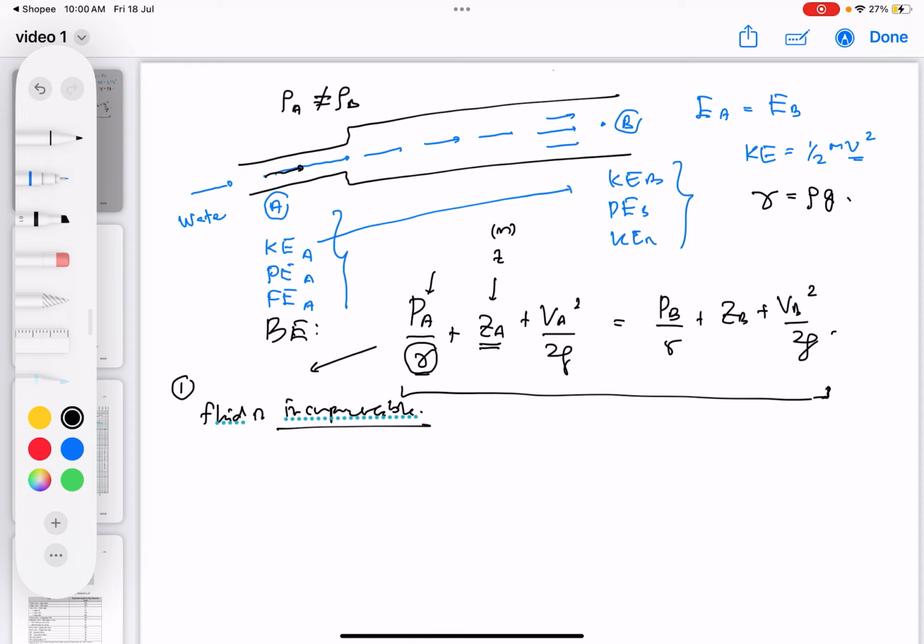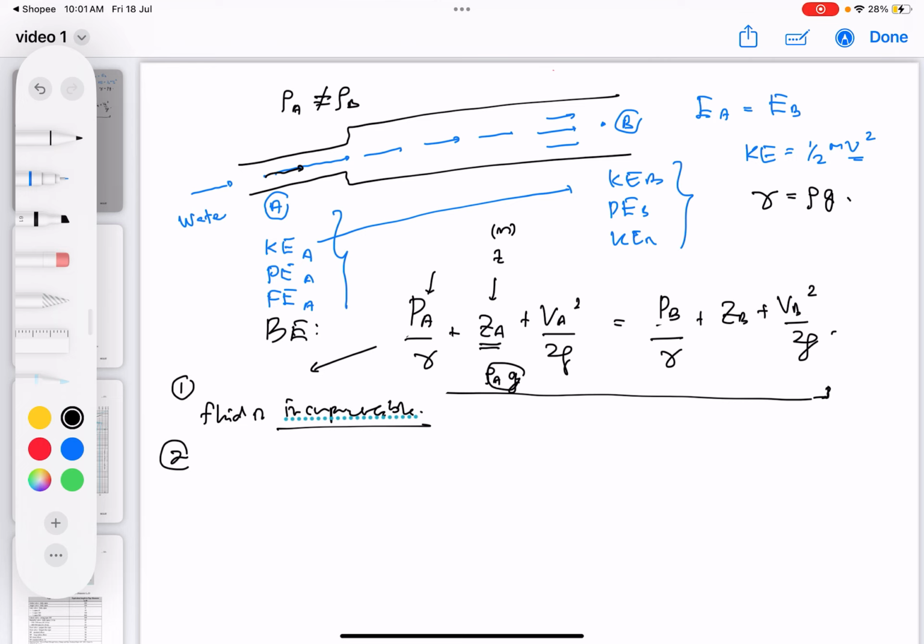That's why, if you notice, for gamma, or rho g, I'm not going to say rho at point A multiplied by g and rho at point B multiplied by g. Instead, we just assume that rho is constant, the same. Therefore, we just use gamma instead of gamma A and gamma B. So this is one of the assumptions we make in order to apply Bernoulli's equation.